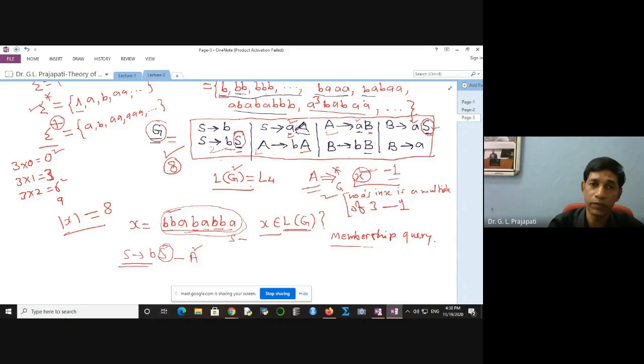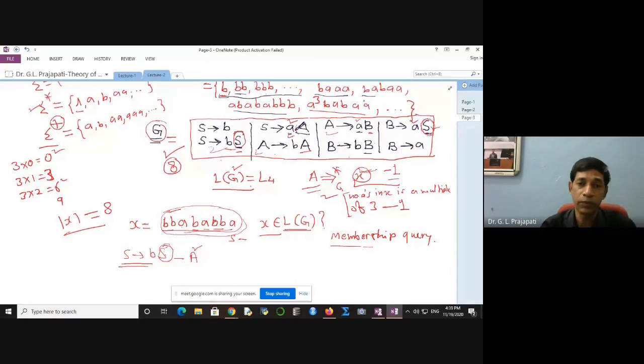If it finds one derivation tree and sees that this is not able to generate the sentence, it goes for another derivation tree. If that one is also not able to generate the sentence, it finds some other possible derivation tree, and so on. But for answering this query, whether X belongs to the language generated by the grammar or not, it has to exercise all possible derivation trees. It has to explore until it can't answer.